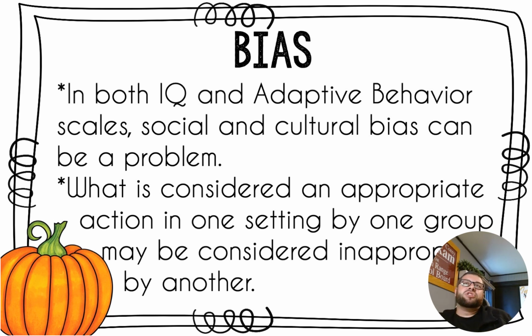So, in both IQ and adaptive behavior scales, social and cultural biases can be a problem. What is considered an appropriate action in one setting by one group may be considered inappropriate by another. And that's something we've got to be cognizant of. Especially with adaptive skills, quite frankly, and I'm going to be blunt, sometimes students are a little bit delayed on some skills because their parents may not allow them to do it, or teach them how to do different things.